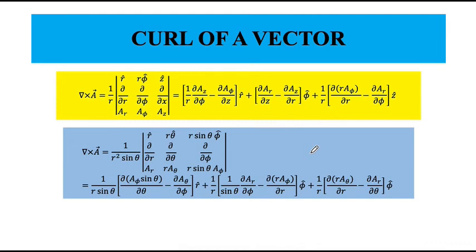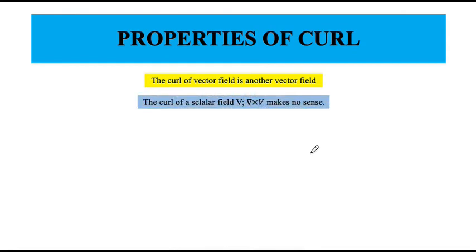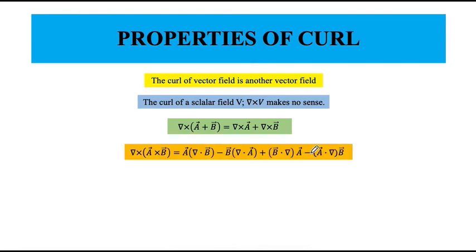So at the end, what are the properties of curl? Curl of a vector is another vector field. Similarly, the curl of a scalar field makes no sense. Then it obeys distributive properties. Then curl of cross product of A and B is obtained by this formula.